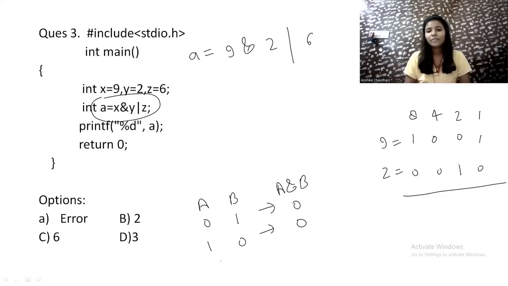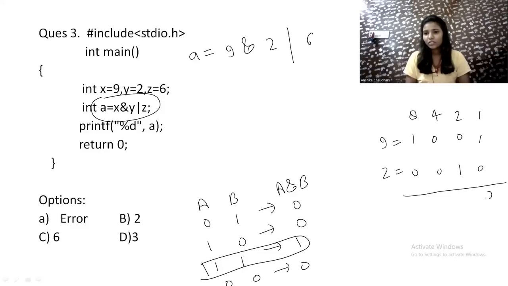And if A is 1 and B is also 1, then it will give 1. Both are 0, so it will give 0. So only if both the values are 1, then only it will give output as 1. So 1 0 0 0, 1 0 0 0 0 0 1 0. So this is 0. This is completely 0 and this is 6.